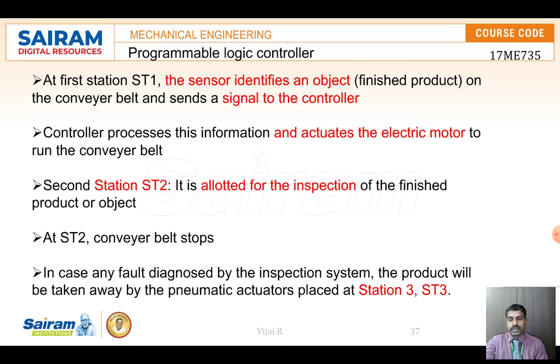When it reaches station 2, the inspection process, or some other process, is carried out. Once it reaches the second station, it stops. After the process is done, it starts to move to station 3. This is how it is done at each and every station in assembly lines, inspection lines and so on.